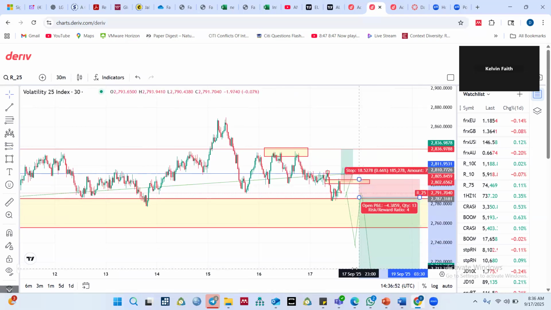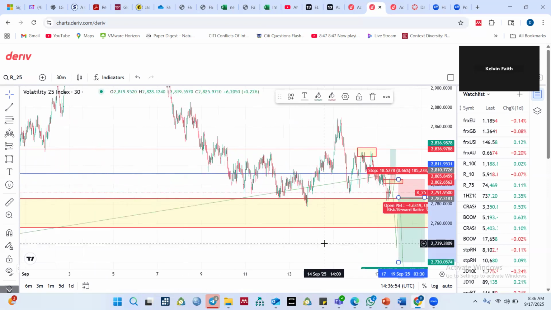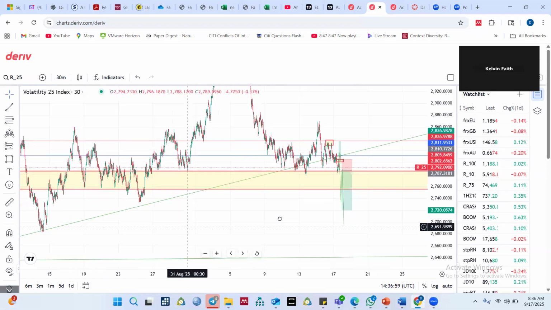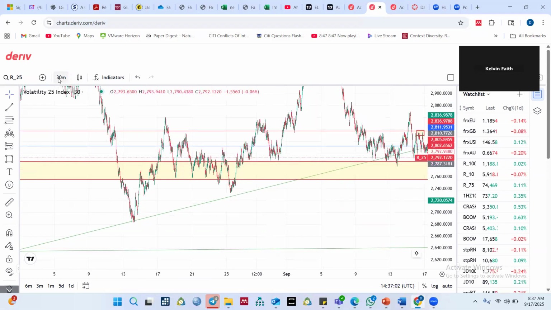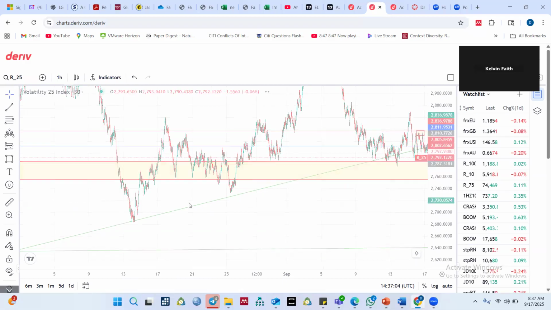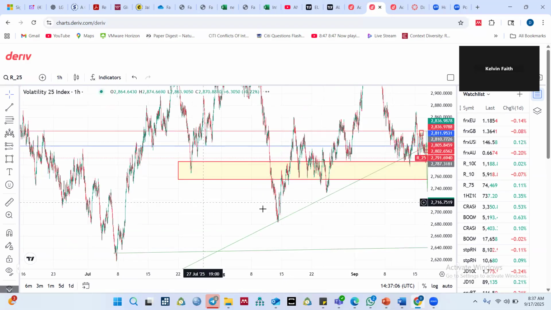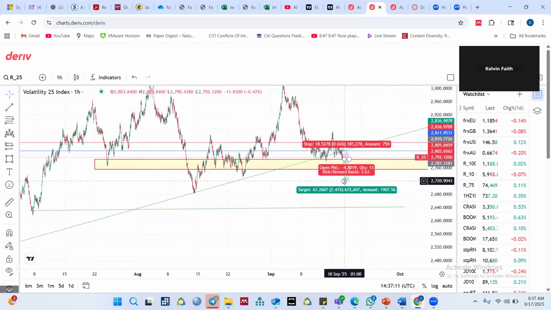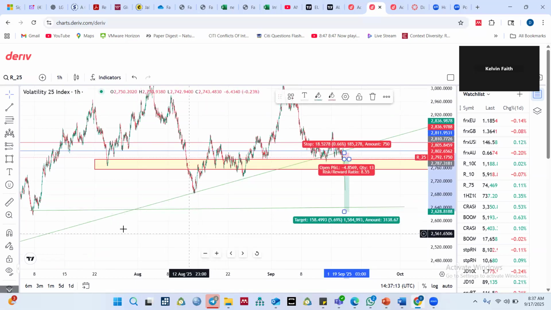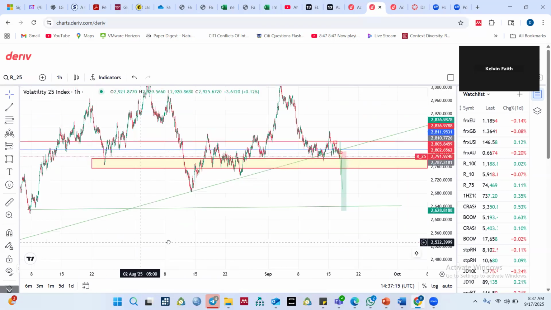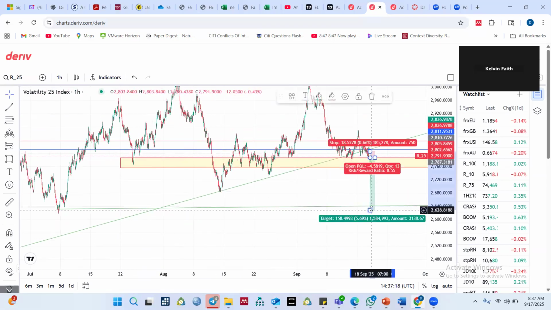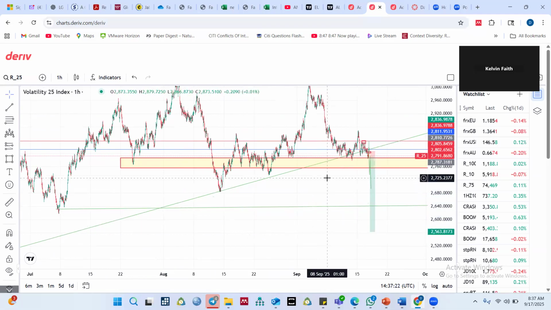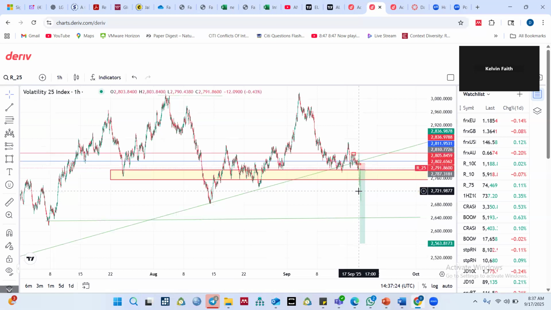And for that sell, I'm going to be targeting price coming down into somewhere this area to give us a break of structure on the higher time frame. So this is what I'll be targeting.